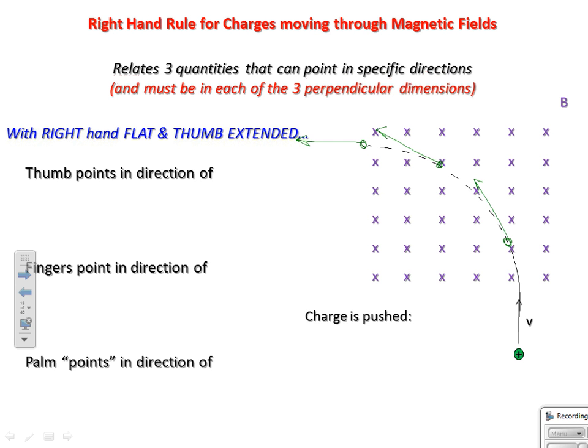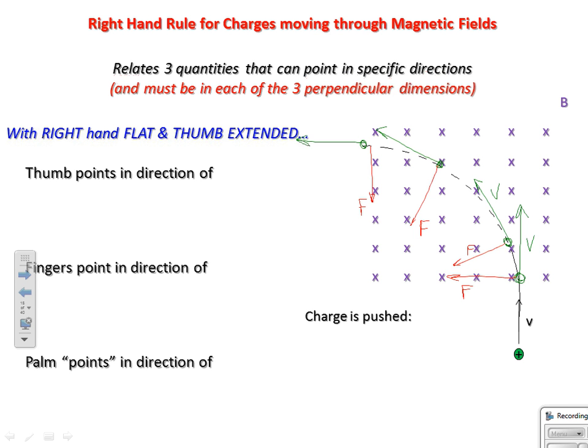And the force on it points, well, let's say right here it was moving this way at the very beginning, and it was pushed at the beginning like this. And then it was pushed like that. And then it was pushed like this. And then it was pushed like that until it left the field. So there are forces. So we have three vectors now.